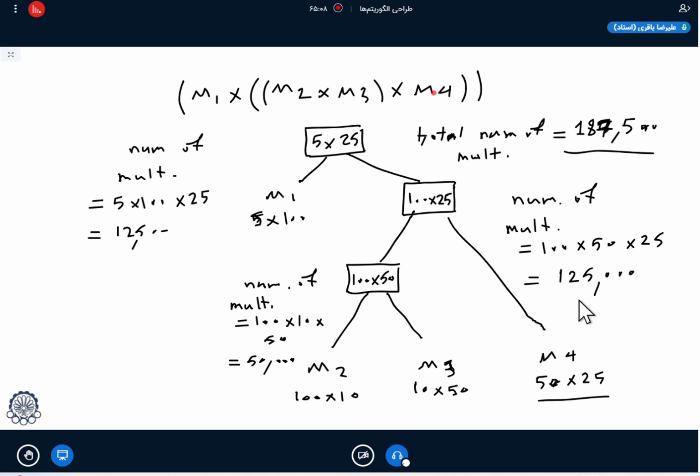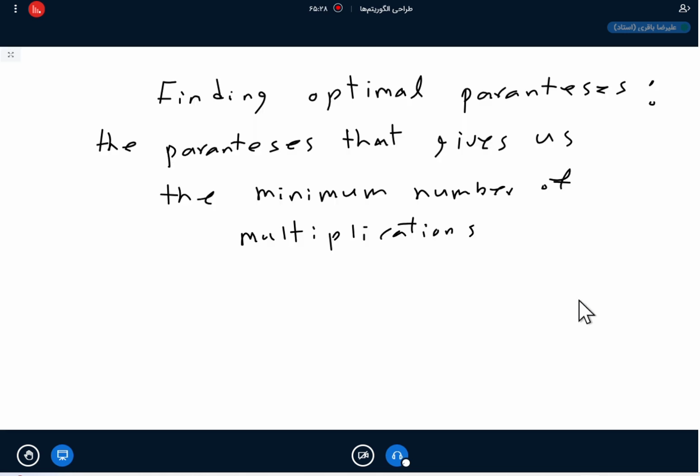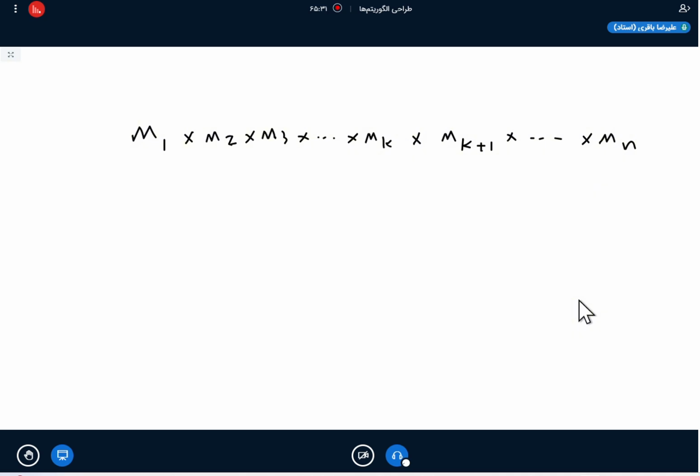So the order in which we do multiplication defines parentheses. We have to use parentheses. We do not have other options. But the question here is which parenthesis is better? When you are going to multiply matrices, you should start from one multiplication operation, then the second multiplication, then the next.